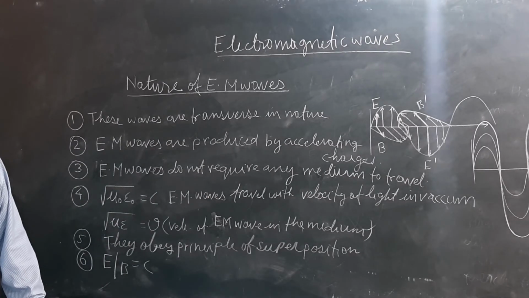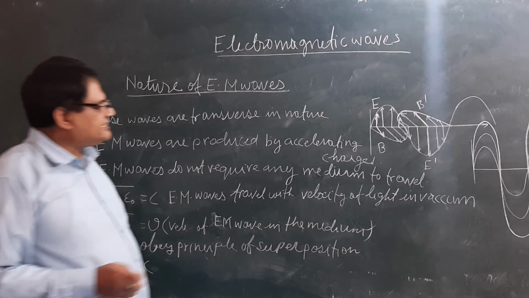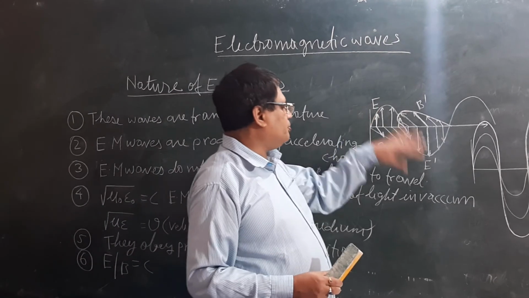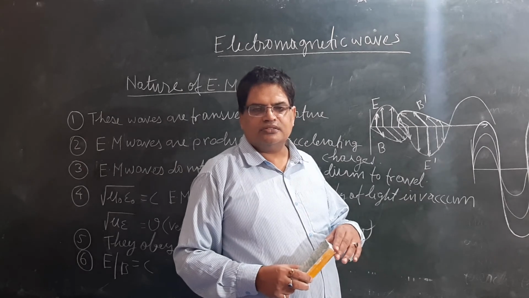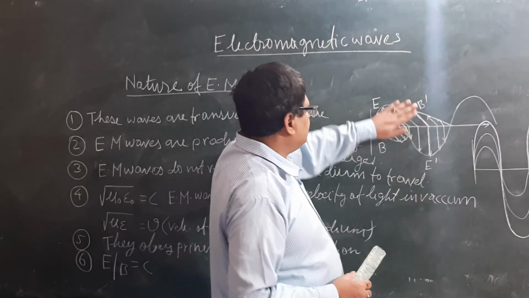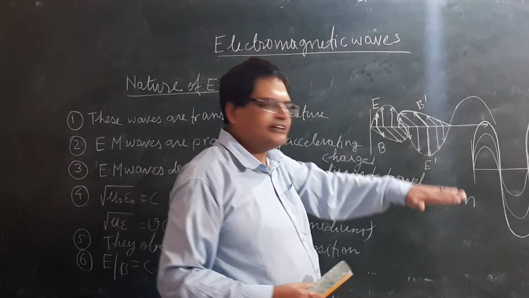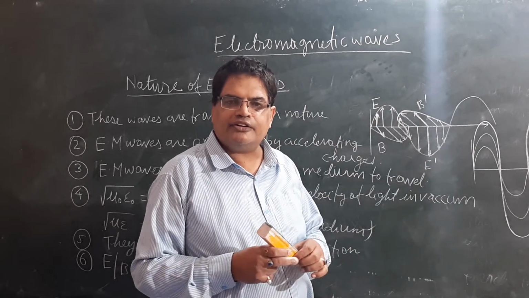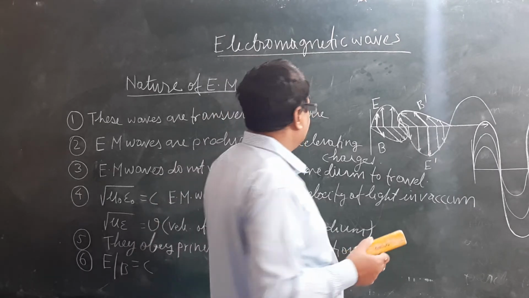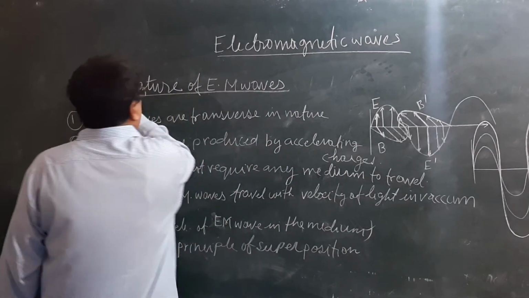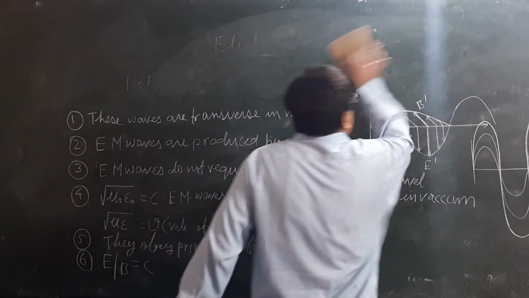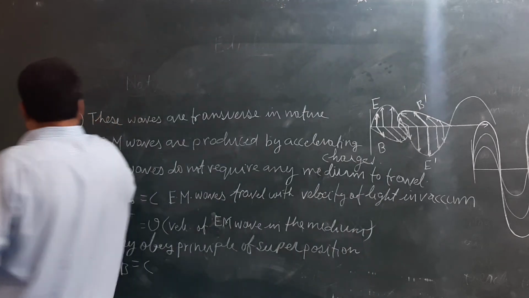So coming to the next property. Now energy is equally divided in the electric component and the magnetic component. That is another property. That is, the amount of energy carried by the electric component will be the same as the amount of energy carried by the magnetic component of the electromagnetic wave. So I'll write over here. That is the seventh property.